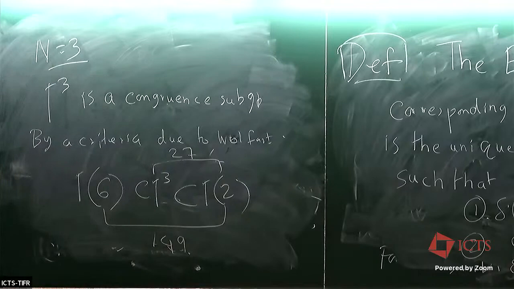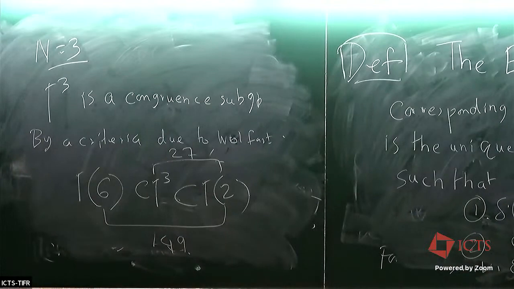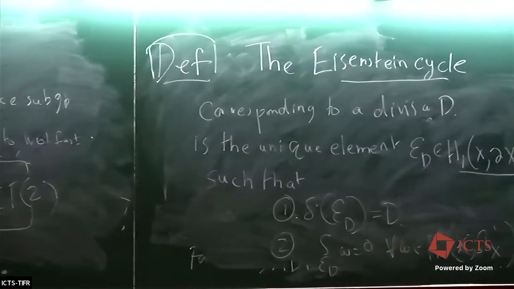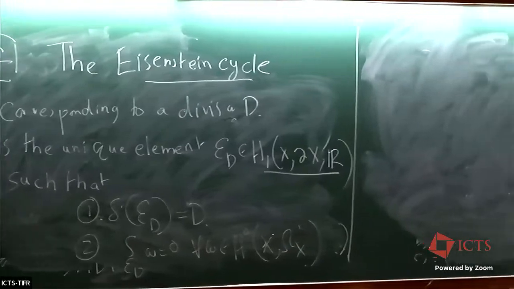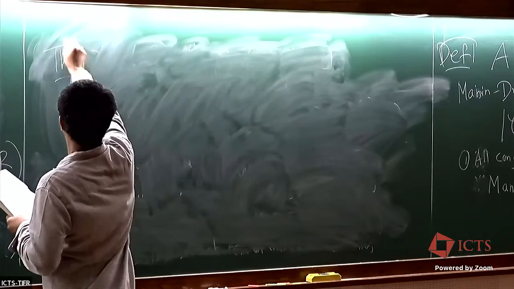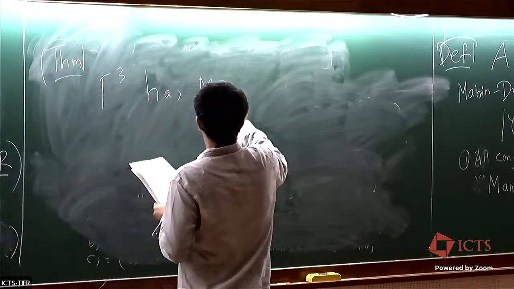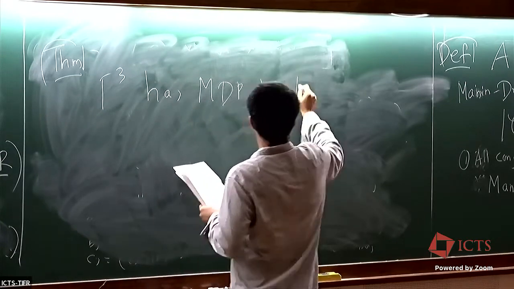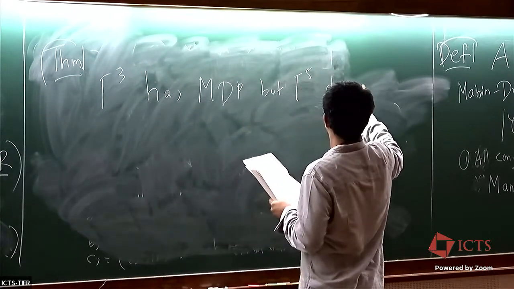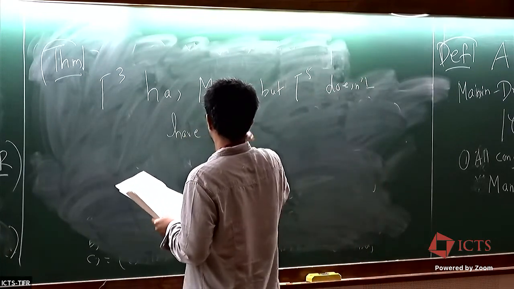Okay, and what we proved, okay, so this is a bare hand computation. So gamma 3 has the Manin-Drinfeld property.